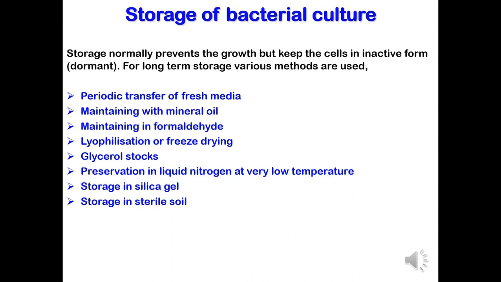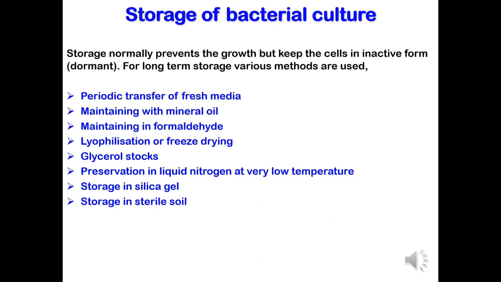Then freeze-dried bacteria can last for over 15 years at temperatures at or below 4 degrees. So the freeze-drying process is where bacteria are frozen and then placed under a strong vacuum so that the water sublimates, so it turns straight from ice into vapor.